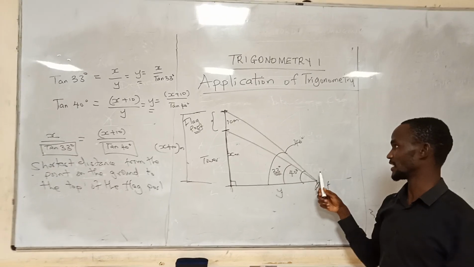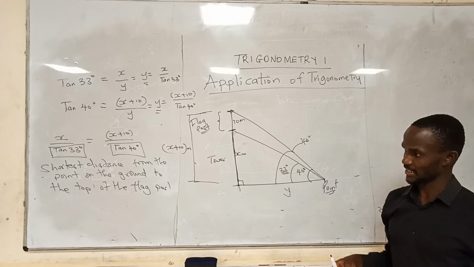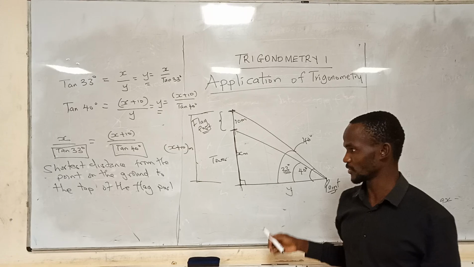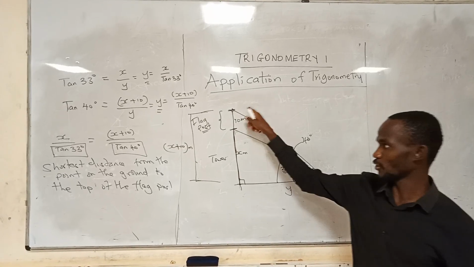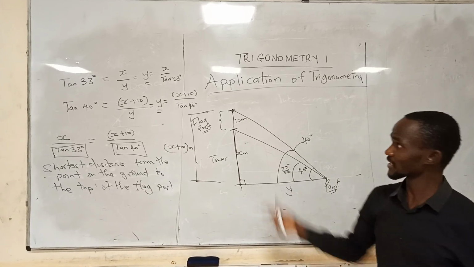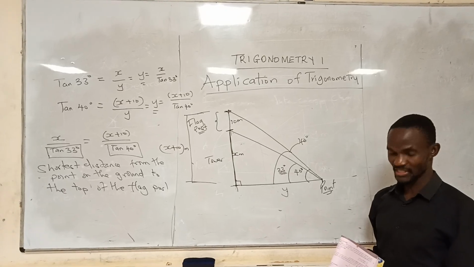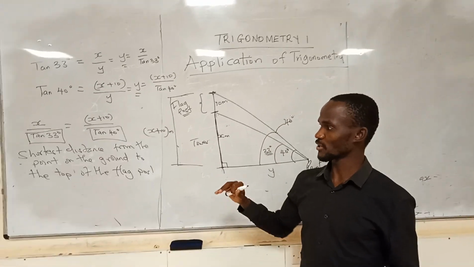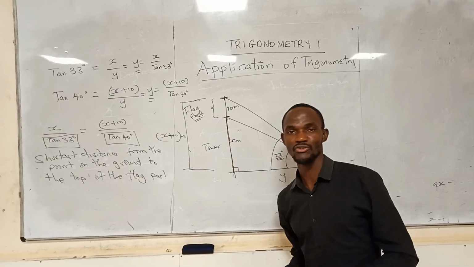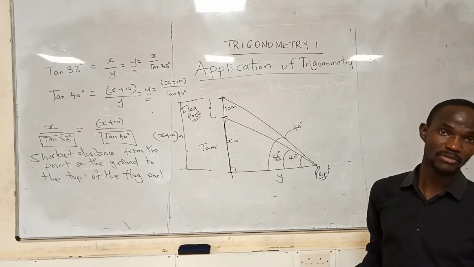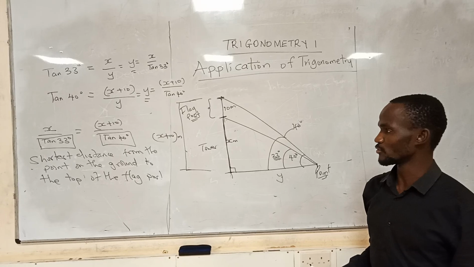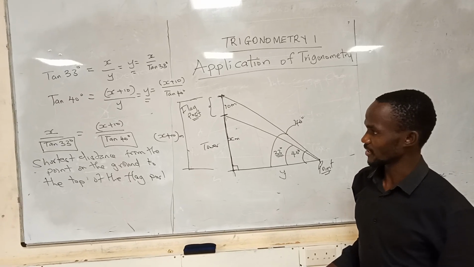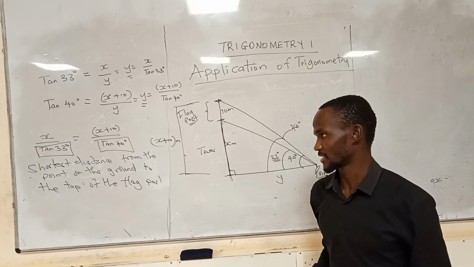You can get this side as the shortest distance from the point to the top of the flag. So basically, in application, it is important to do an analysis of the given question and break it down and see how the trigonometric ratios will help you achieve the asked parts.